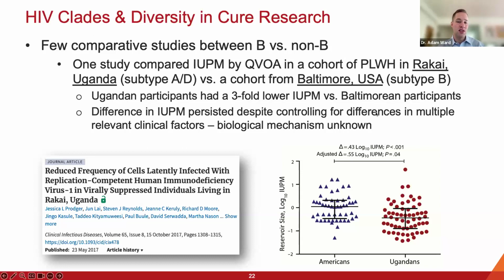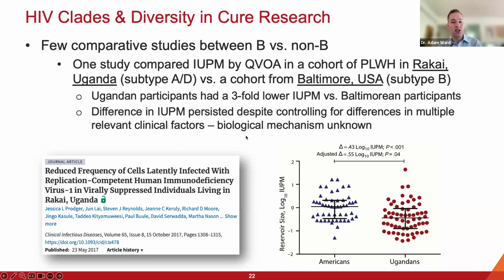This is a statistical procedure whereby you take into account other important clinical factors such as CD4 count, pre-ART viral load, and maybe other important factors relevant to the size of the HIV reservoir. You try to statistically control for those factors. And even after controlling for those, there was still this difference in reservoir size in Ugandans. So the biological mechanism here is really unknown.